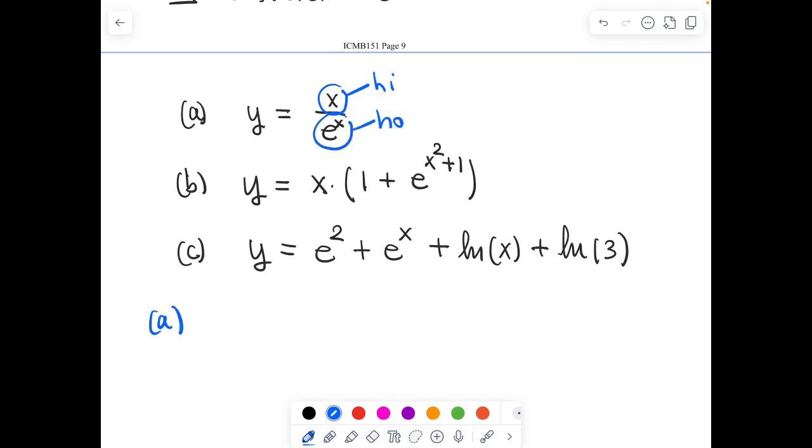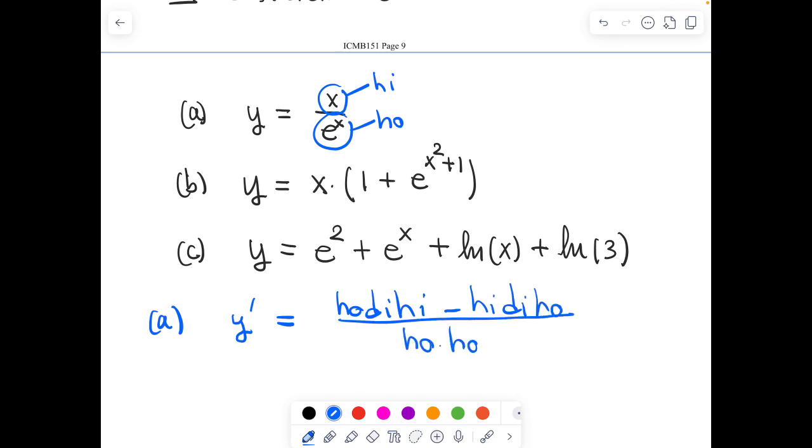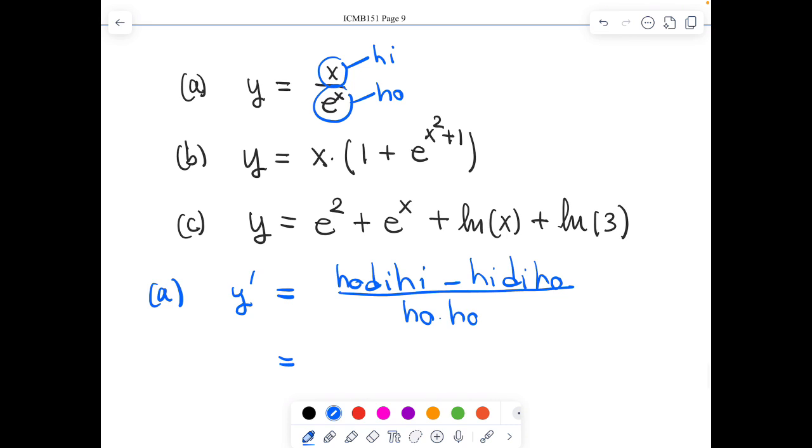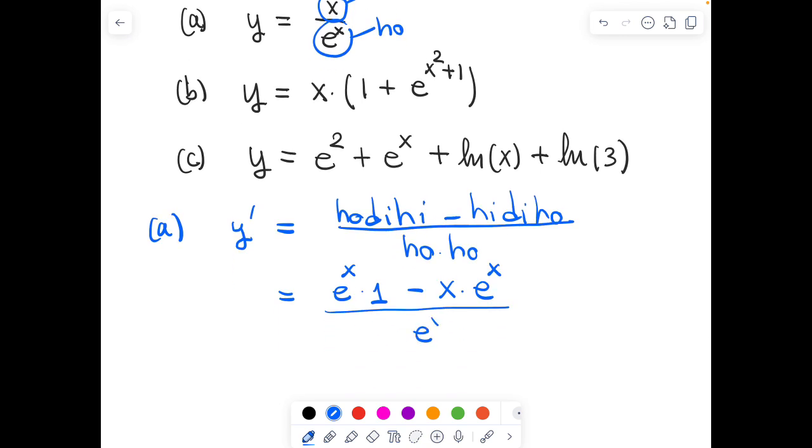So part A, the derivative is equal to whole dip high minus high dip whole over whole. So whole is e to the x, dip high, differentiate x, you get 1, minus high is x, differentiate whole, so differentiate e to the x, we get the same function back, over whole, so e to the x to the power of 2.